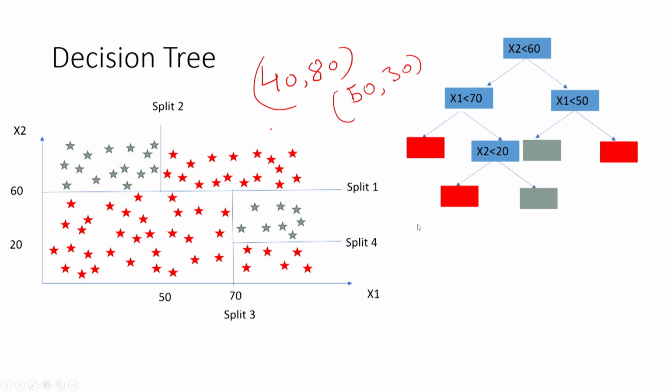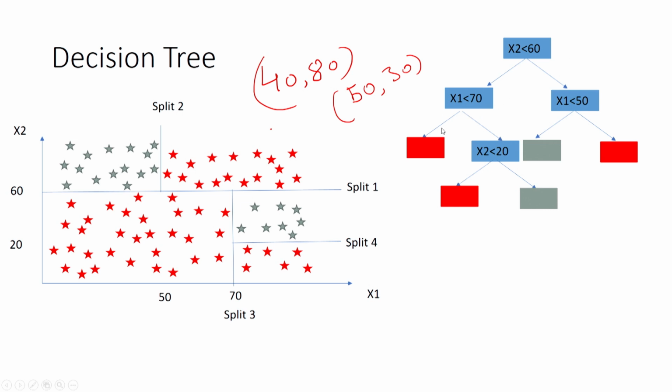The problem is we have not yet seen how this split is done. How are we deciding we should split first using x2, why not x1? How are we deciding we should take this value 60? Why are we dividing the data set initially as x2 less than 60 and x2 greater than or equal to 60, why not x1 less than 20 and x1 greater than or equal to 20?